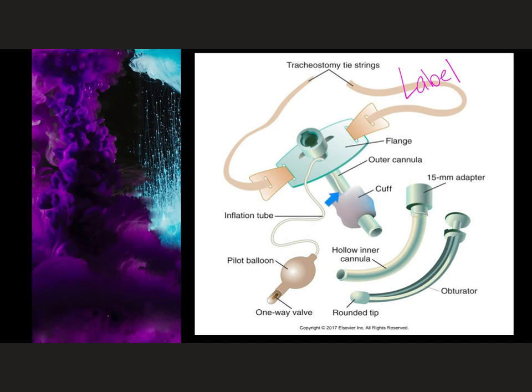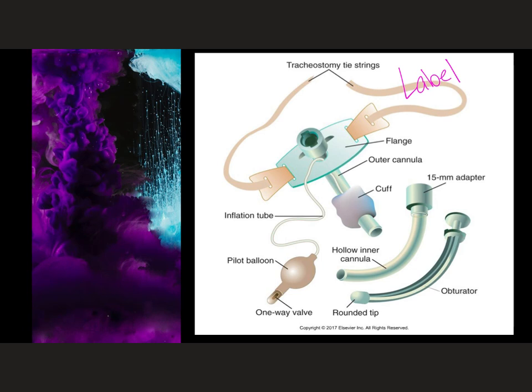So if you follow this little line from the cuff, you have the pilot balloon. The pilot balloon is what allows us to inflate and deflate the cuff. It has a one-way valve that allows air in, but seals up after you remove that slip tip syringe so that it can hold the pressure.